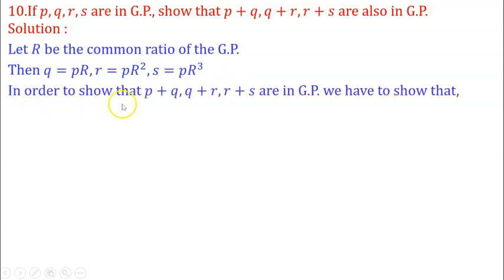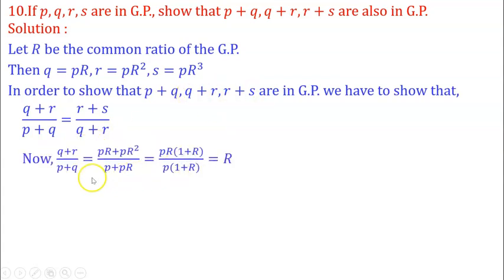In order to show that p plus q, q plus r, r plus s are in GP, we have to show that, okay, q plus r upon p plus q is equals to r plus s upon q plus r. Okay. Next, substitute the values.